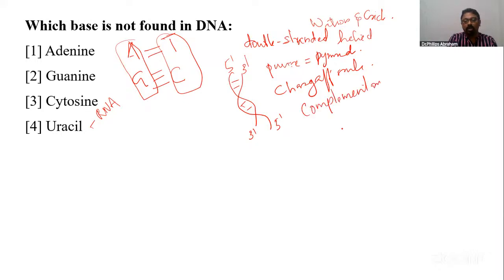That means if a chain contains adenine, thymine, cytosine, guanine, the next chain will not contain adenine there. It will be thymine. Here it will be adenine. Here it will be guanine. You know about the base pairing rule: guanine, cytosine. So the chains are complementary and linked by hydrogen bonds between the chains.